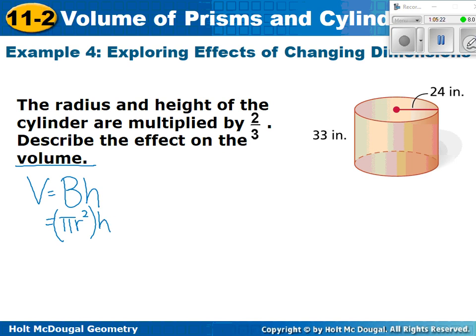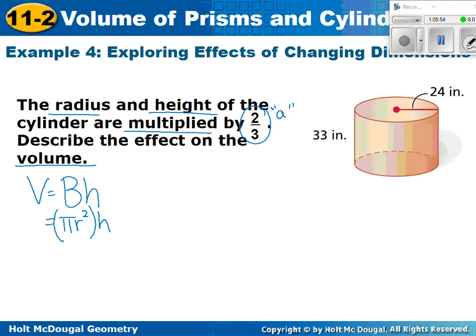So what are the different variables that are in our formula? R and H. So if it says the radius and the height are multiplied by 2/3, are we multiplying all of the dimensions? Because all we have is a radius and a height. So if all dimensions are multiplied by 2/3, that's our A. Then what should happen to the volume according to our new shortcut today?